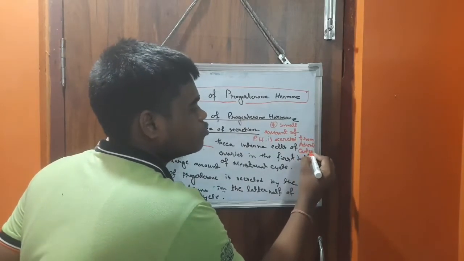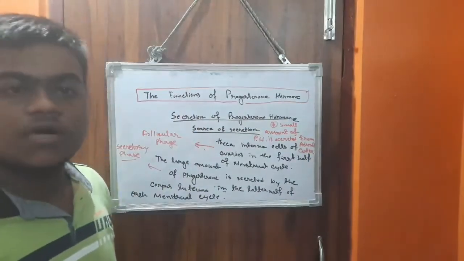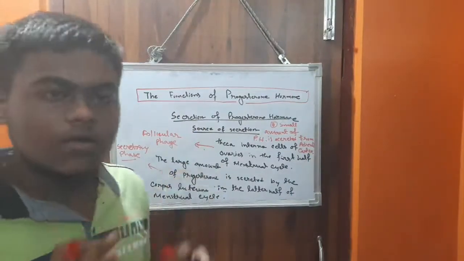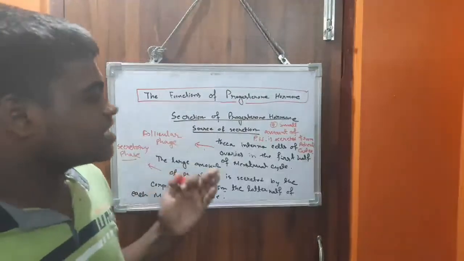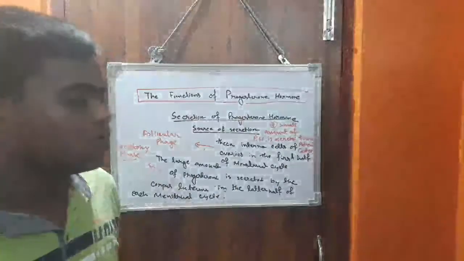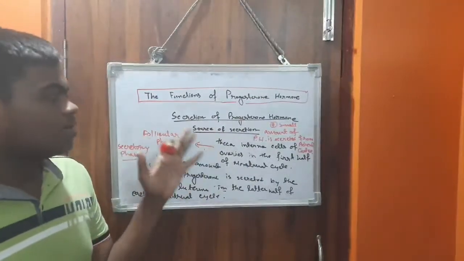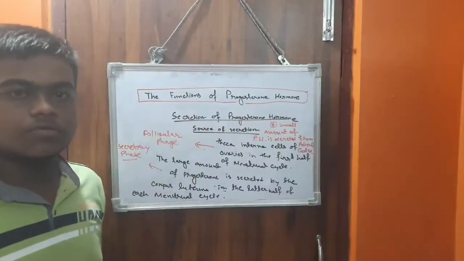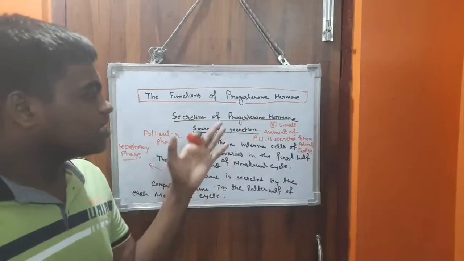There are two parts of the adrenal gland, adrenal cortex and adrenal medulla. We will discuss the adrenal gland in our next video. So that is the secretion of progesterone hormone, you can note it.